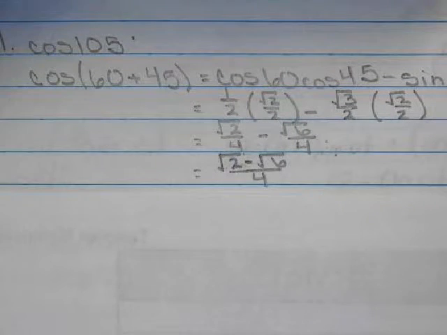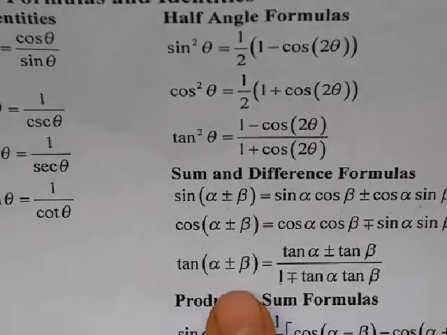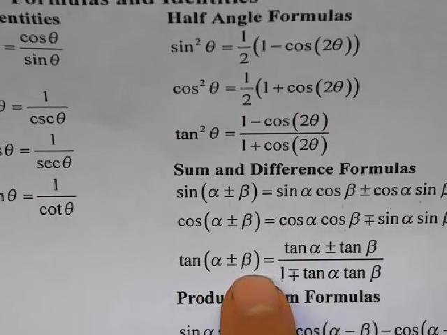Let's do another one. Tangent of 105. Again, 105 is not on our unit circle, so to find the tangent of it, I need to break it up into 60 and 45. Looking at my sum and difference formulas here, 60 and 45 are going to be my alpha and beta.